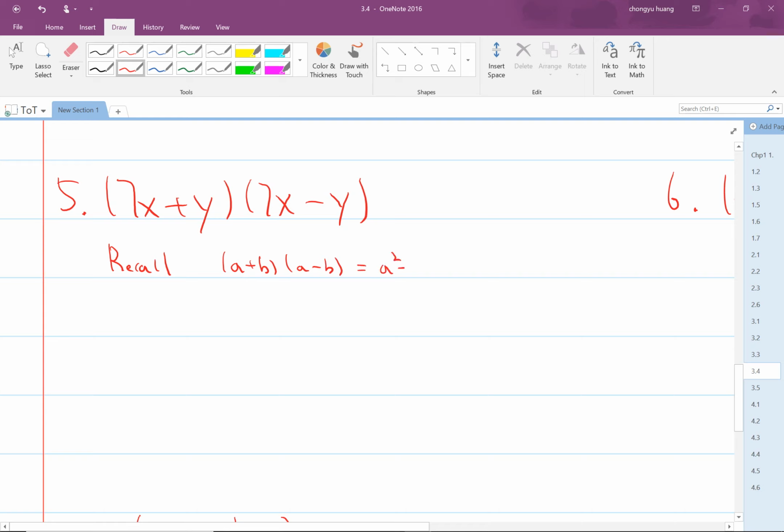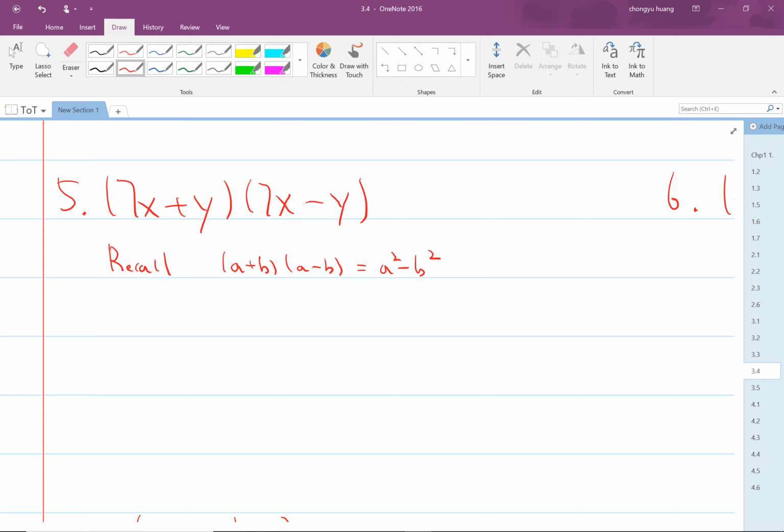So the property is basically a plus b multiply a minus b is equal to a squared minus b squared. As you see, for question 5, we are able to use the property right here, right? So we got 7x plus y, and then we got 7x minus y, right?